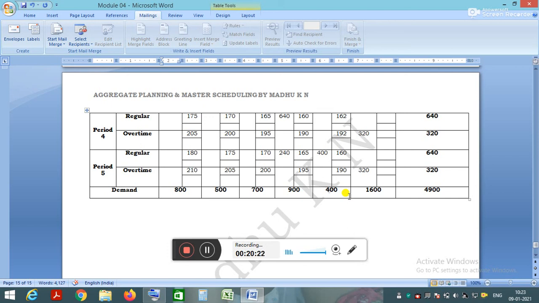Okay, that's all about the transportation model, including back orders. In the last problem there is no concept of back order, but the subcontracting concept is utilized. But in this problem, the subcontracting concept is not utilized. Here the back ordering concept is utilized.